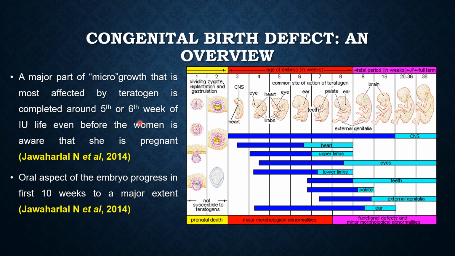Here we can see that the major part of the malformations occurs in the fifth and sixth week of intrauterine life, and this is the most crucial time when teratogens, which we are going to discuss in our coming slide, are going to affect the embryo. Also, since we are more restricted to the oral aspect, the oral aspect of the embryo progresses to a major extent since the 10th week.